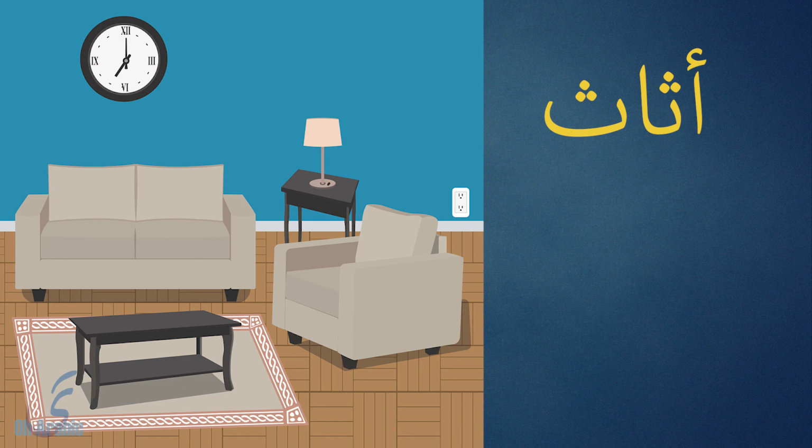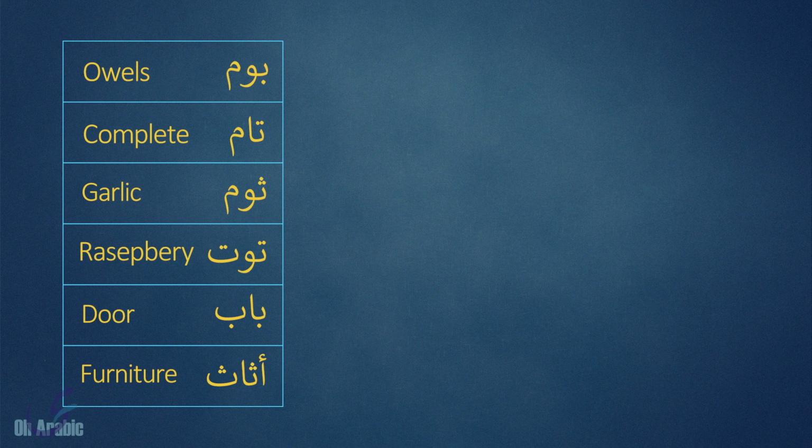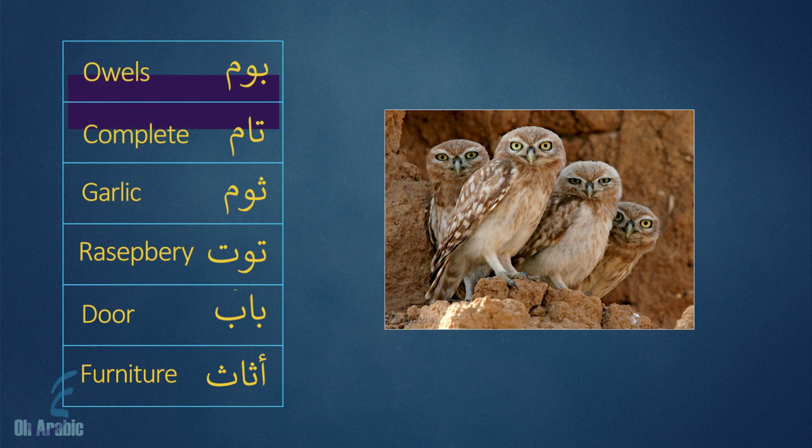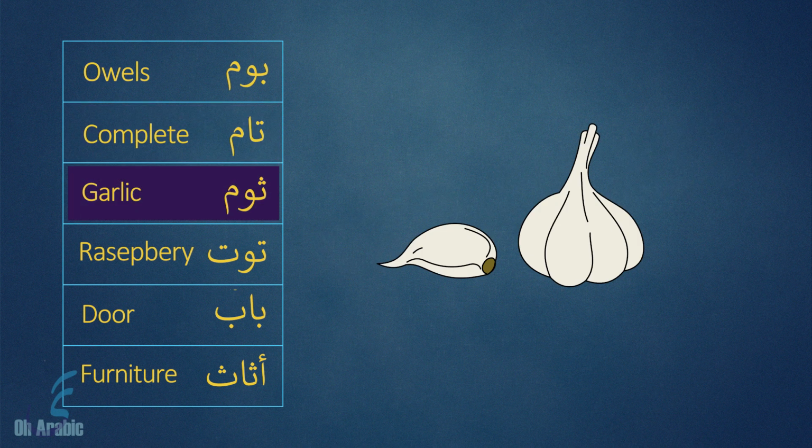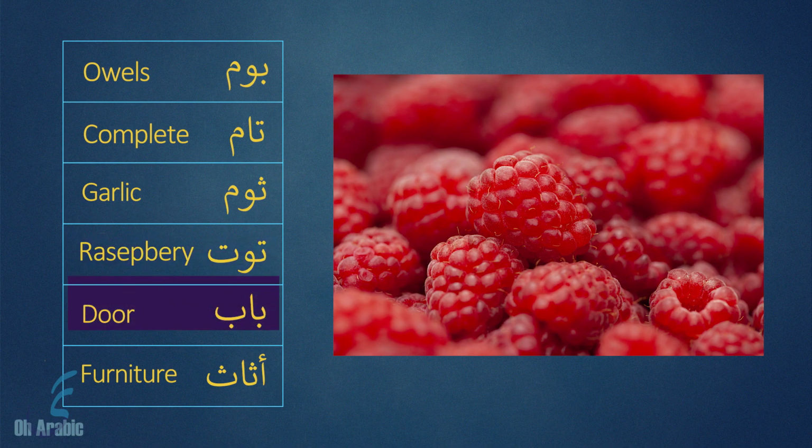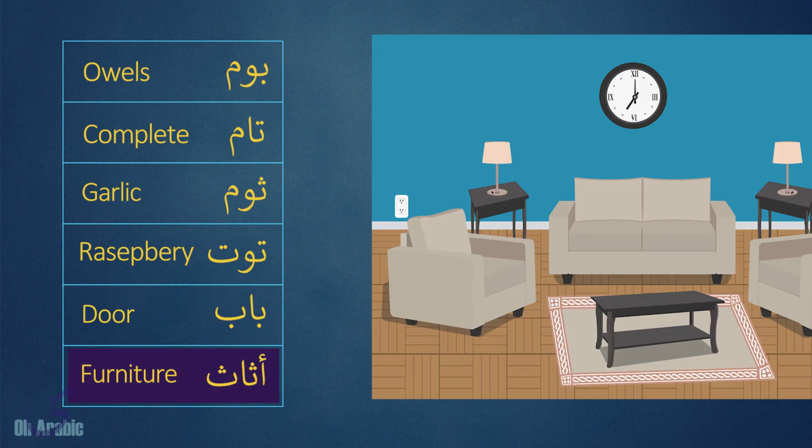In Arabic, asas. Also we have here 2 letters tha, one in the middle and the other in the last. Piece of cake, right? Here is a list of our words for today: boom, tam, thoum, toot, bab, asas.